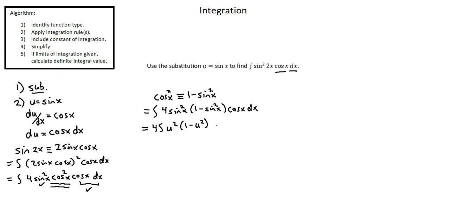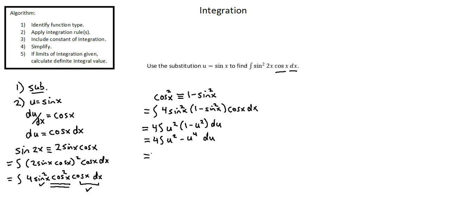Those two terms are both replaced with the substitution du. I'll distribute the u squared to get to 4 times the integral of u squared times 1 is u squared, minus u squared times u squared is u to the power of 4 with respect to u.